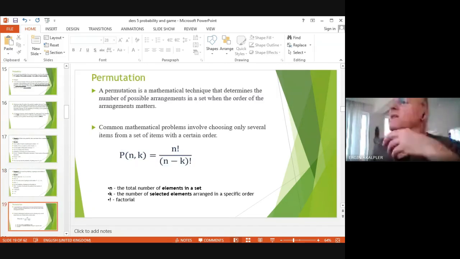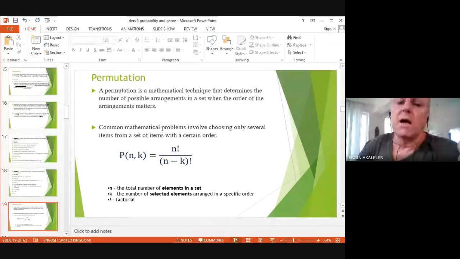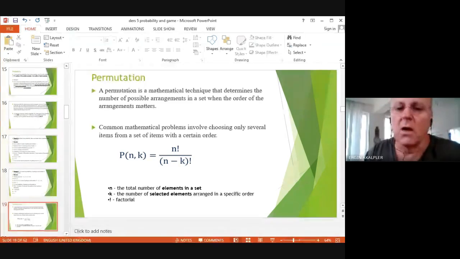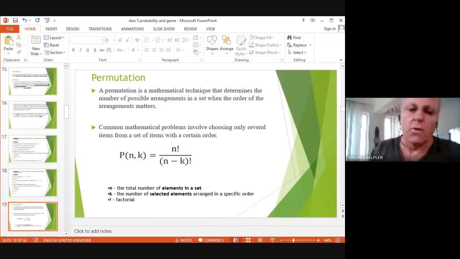Of course, when we are having permutation, we use it together with probability and combination as well. And permutation is also very important in mathematical applications to determine the number of possible arrangements in a given set, when the order of the items matters for us.